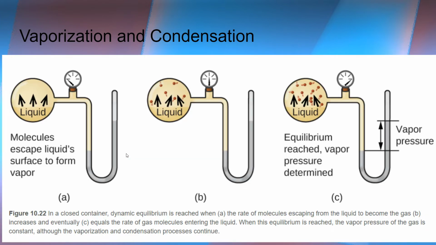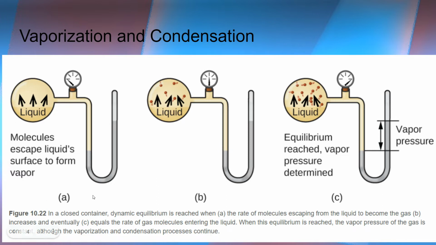So here are some images to understand vaporization and condensation a little bit more. In A, we see we've got liquid and we have the particles just starting to come up or escape the surface to form vapor. So right here, we're going to see vaporization occurring. The particles are starting to escape the surface of the liquid and become particles as vapor.